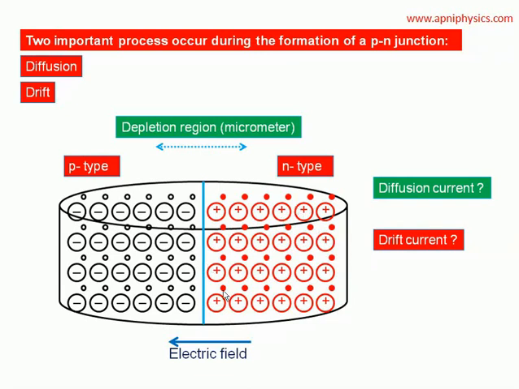Here you see that this is the n-type semiconductor and this one is the p-type semiconductor, and I have to discuss the diffusion process and drift process, and on that basis what the diffusion current and the drift current are.